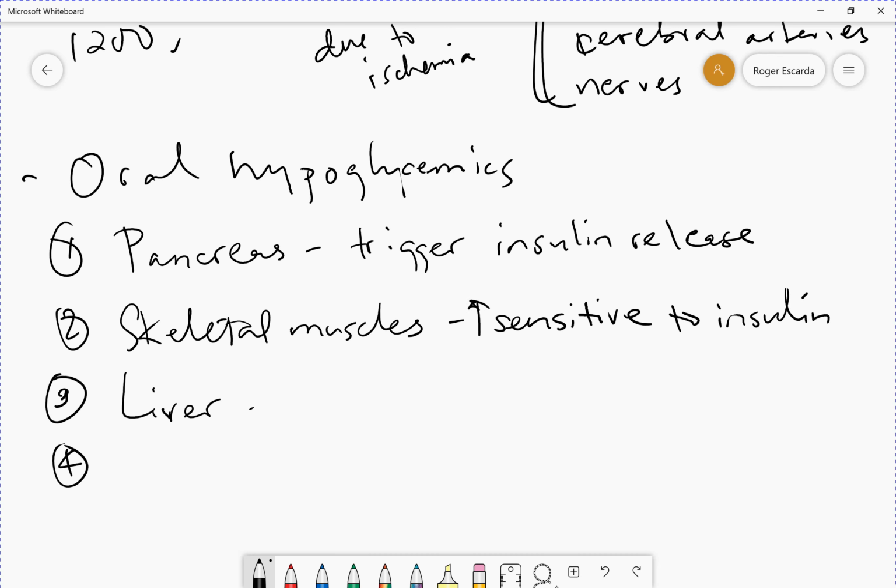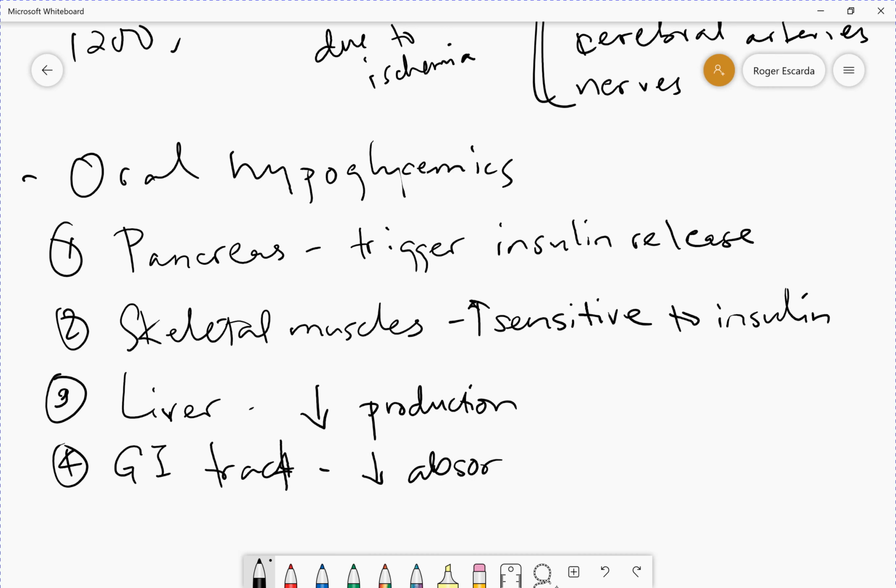And then finally, the liver: drugs will decrease liver production of glucose, because we know that glycogen is stored in the liver. Oh, I remember now. The GI tract. The 4th possible action is to decrease absorption of glucose.